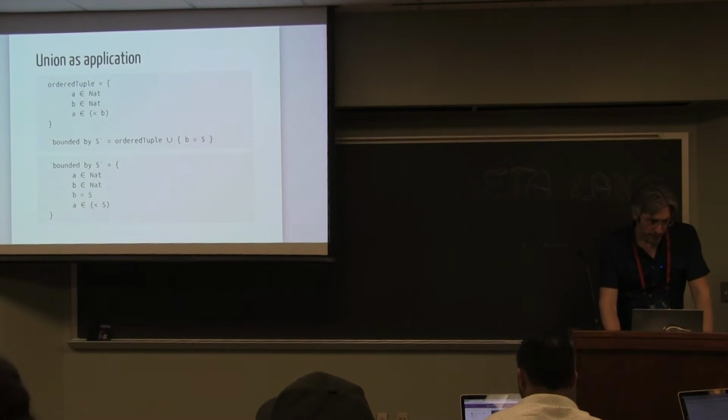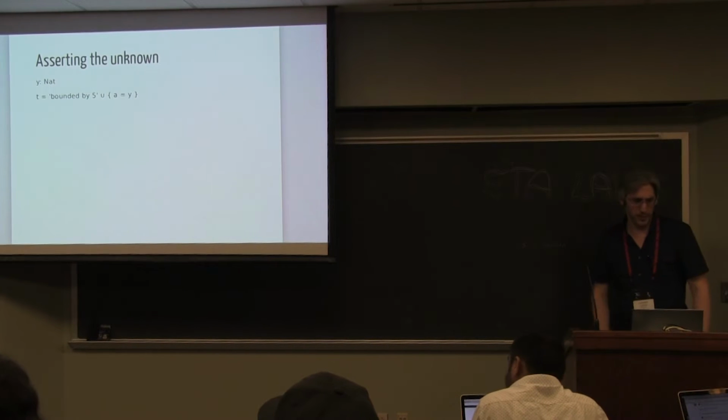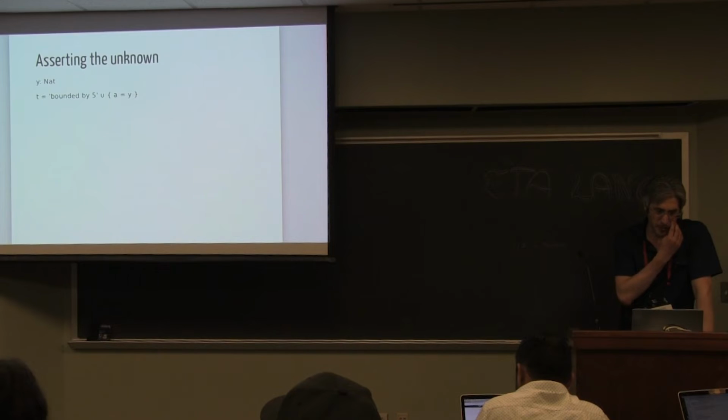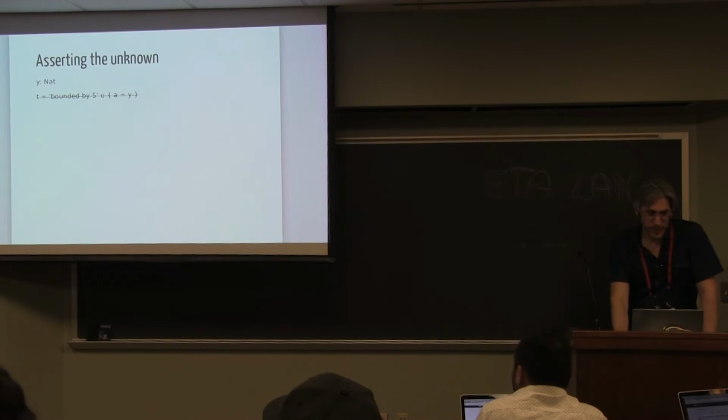Okay, but what happens if we are asserting the unknown? Imagine we have a set where y is nat, and now we union with A equals y. So the compiler should disallow this because at runtime it will fail because y could be anything.